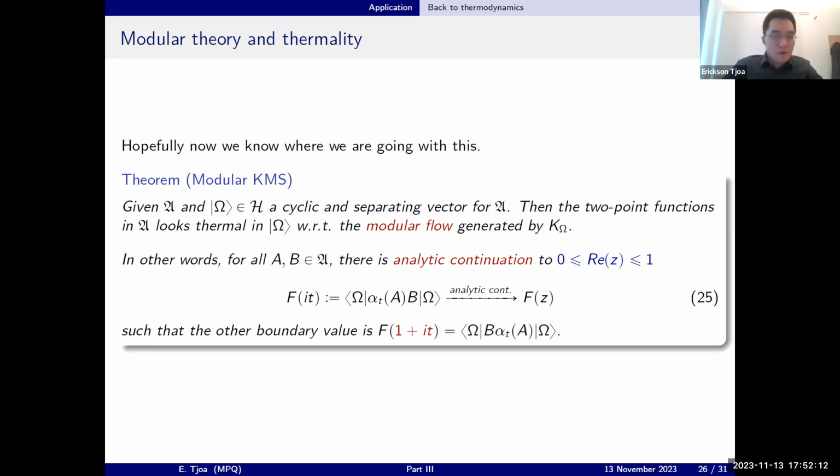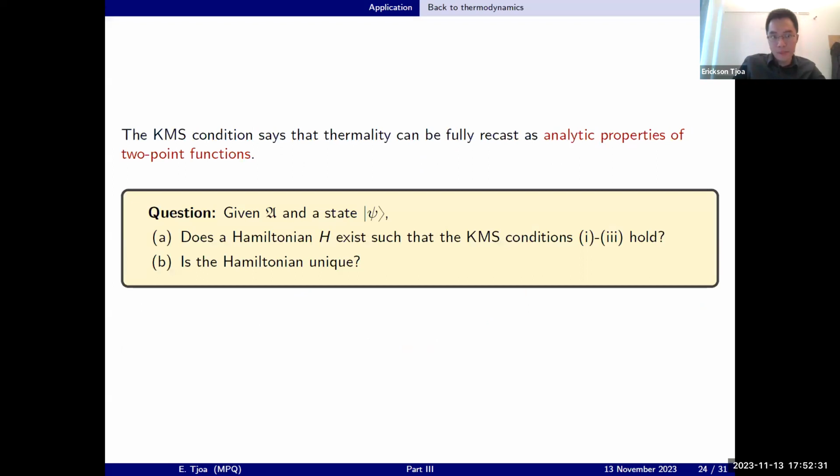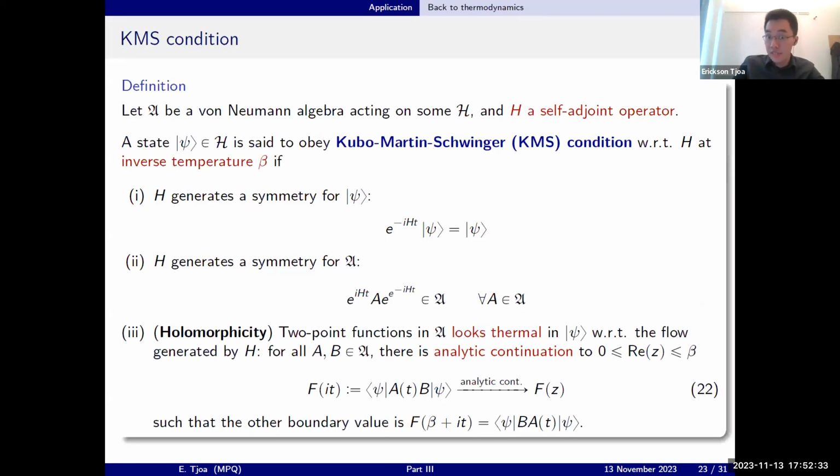Okay, so to my knowledge, the input to get this direction is that I give you an algebra and also a state, associated to a Hilbert space affiliated to the algebra, right? So if you want to construct the other direction, I give you a random f with the right analytic continuation property. You also have to check the other things because, for example, the original KMS condition requires you to satisfy three things, right?